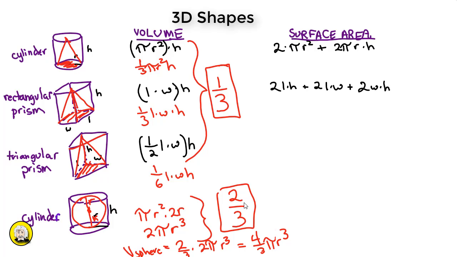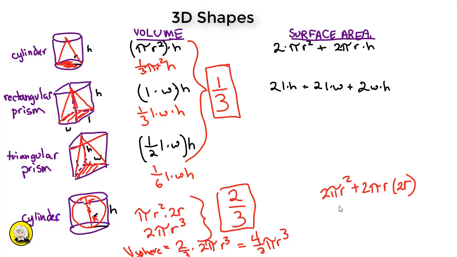And likewise, the surface area of my cylinder was 2 pi r squared plus 2 pi r h, where again h is twice the length of the radius. So for the cylinder, that's 2 pi r squared plus 2 pi r times the height, which we know is 2 times the radius in this case, because the ball's fitting perfectly in the height, and the ball is 2 radii or 1 diameter high.